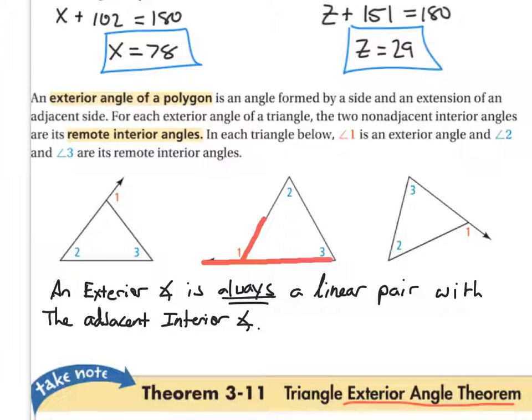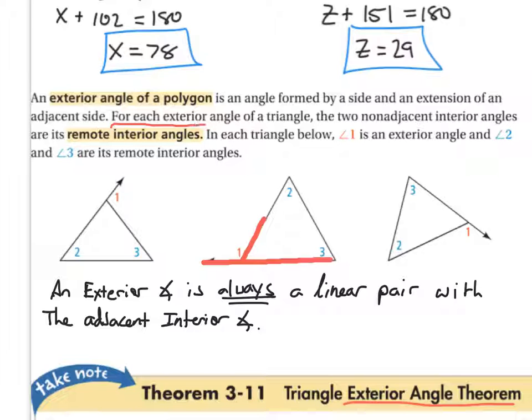Always, always, always. An exterior angle is always a linear pair with the adjacent interior angle. Okay? Then the next vocab is the remote interior angles.